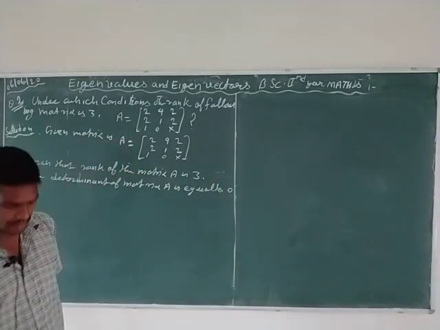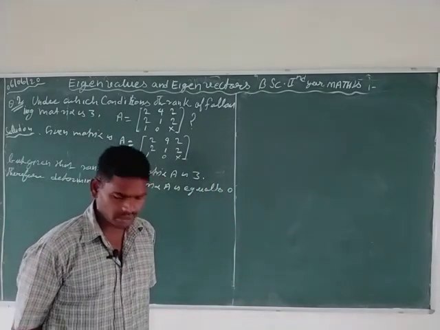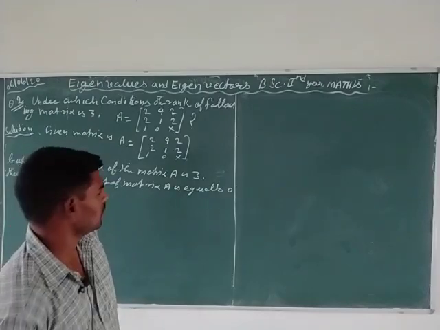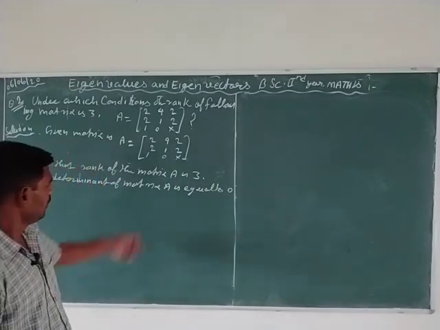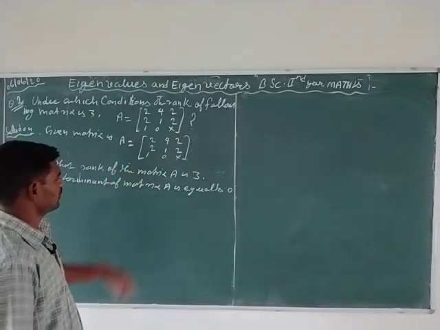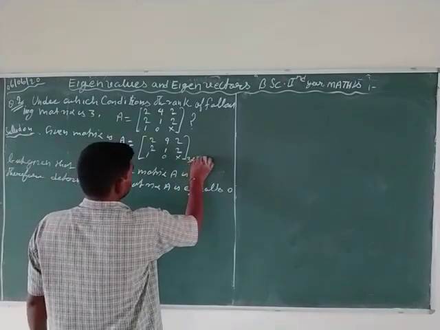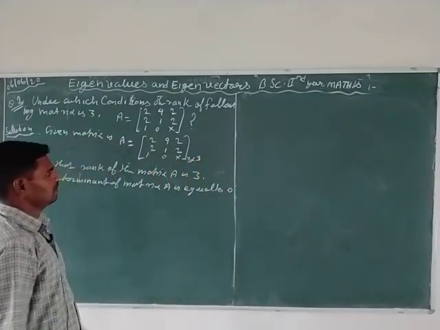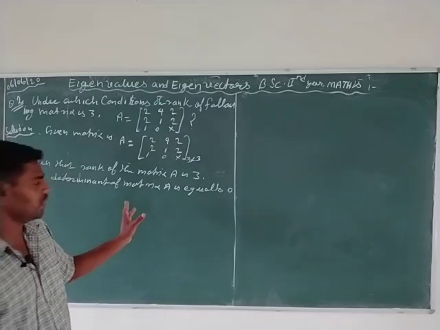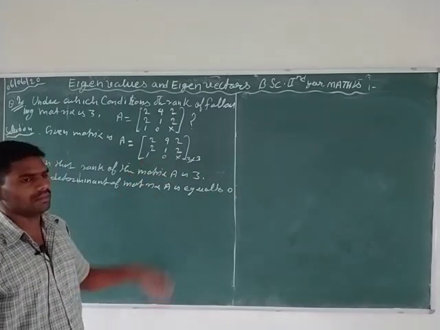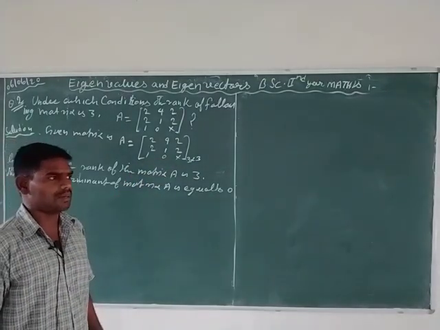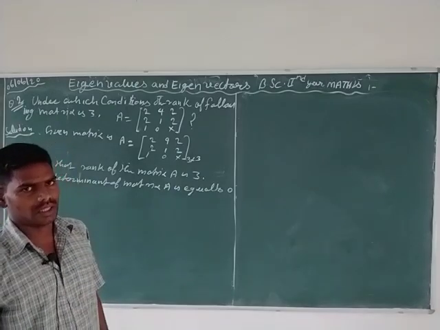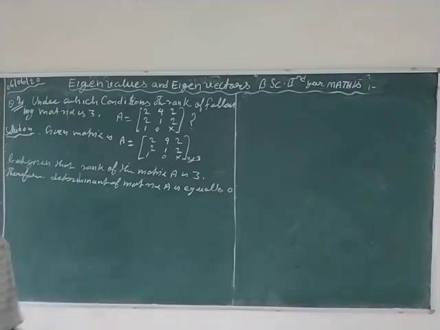This is the rule of the rank of any matrix: if the rank of a matrix of 3 by 3 order is 3, then it is most important that the determinant of matrix A should be not equal to 0.